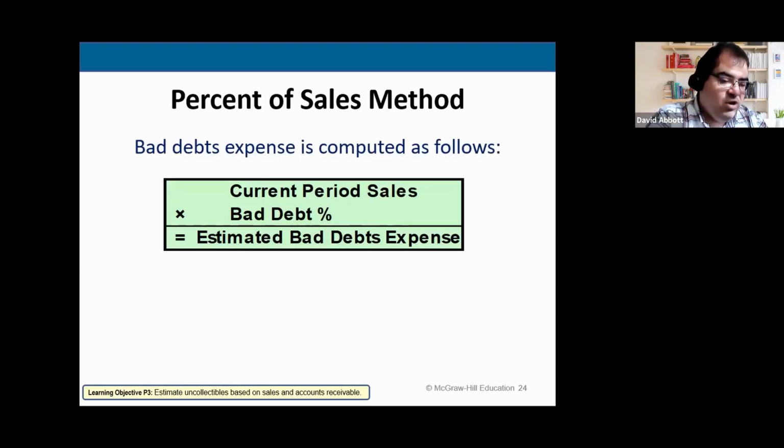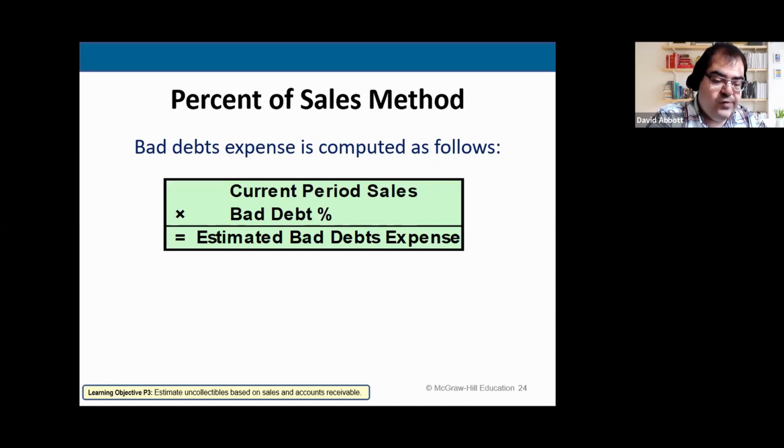The percentage of sales method, also called the income statement method, assumes that a percentage of credit sales for the period would be uncollectible. So when using the percentage of sales method, the estimate at the end of the period is determined by taking current period sales and multiplying by an estimated bad debt percentage.